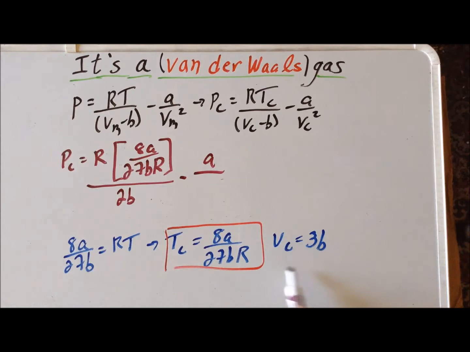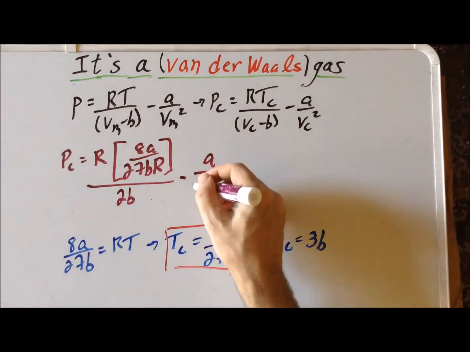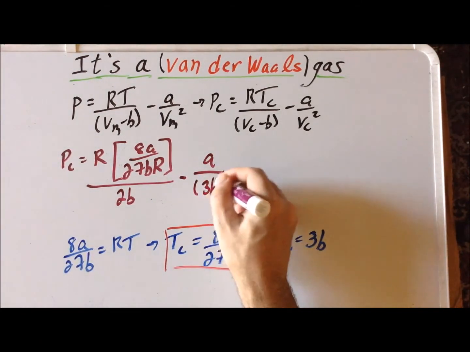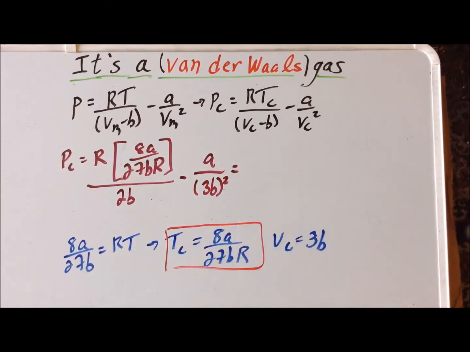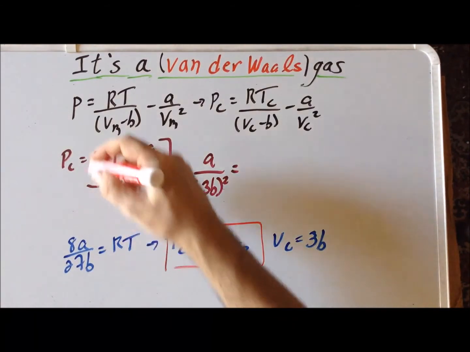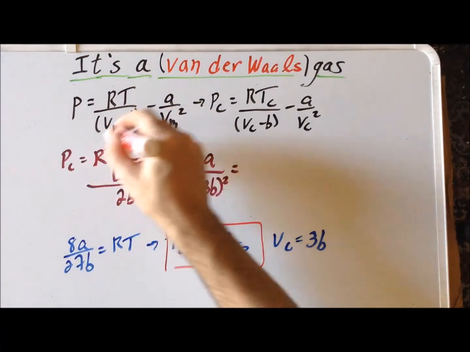We know the critical volume is 3b, so that's (3b) squared. And this simplifies considerably. The gas constant R drops out.